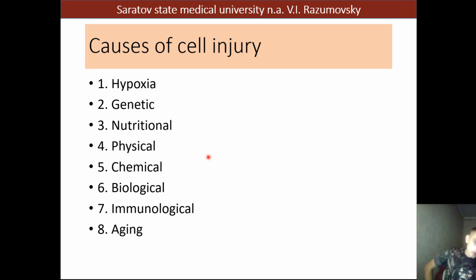So there are many causes of cell injury. It may be hypoxia, genetic disorders, nutritional disorders, physical disorders, chemical disorders, biological ones, immunological ones, and aging.